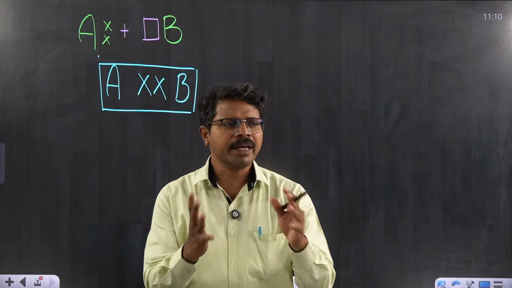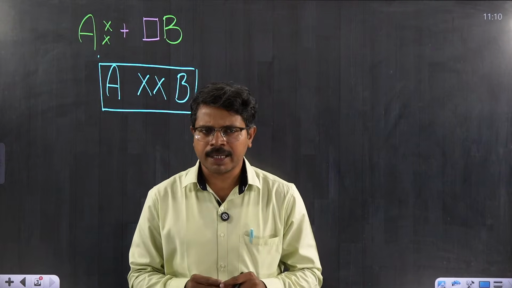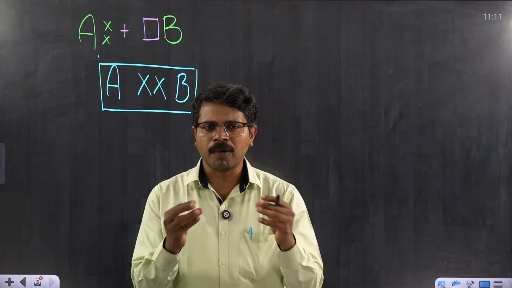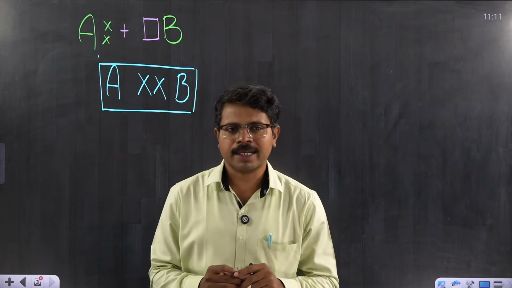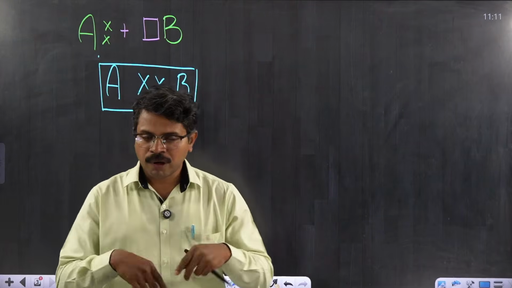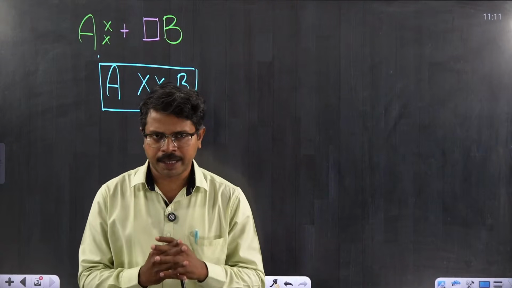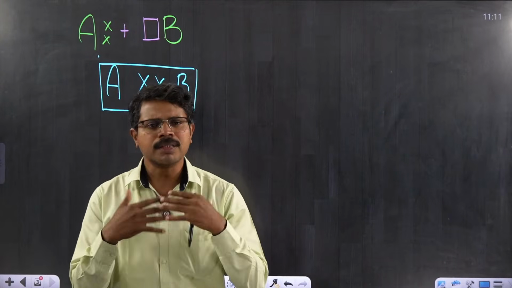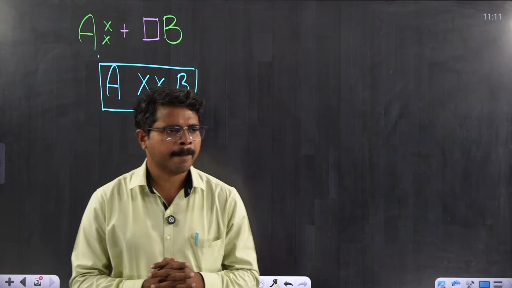What is the main difference between covalent bond and Dative bond? In a covalent bond, both atoms involved in bonding contribute one electron each. Whereas in a Dative bond, one of the atoms provides the 2 electrons required for bonding. Once the bond is formed, the sharing of electrons is done by both atoms. I hope this point is clear.